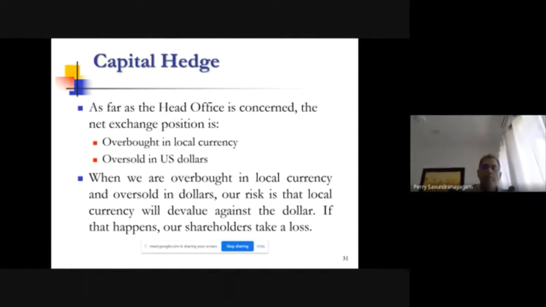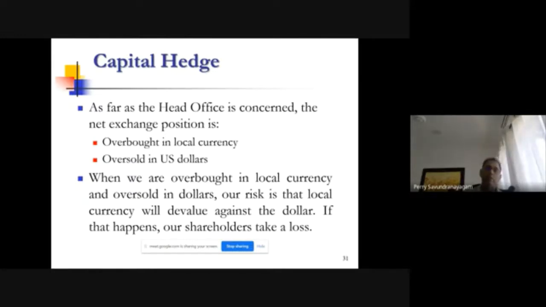Yeah, so from a head office perspective, because they have sent these dollars across to Sri Lanka, they will have an oversold position in US dollars, because they have basically sold their dollars into rupees in order to send them and fund the rupee capital in Sri Lanka. The local country here will have an overbought in their local currency.